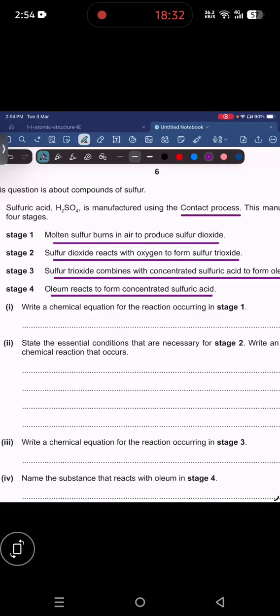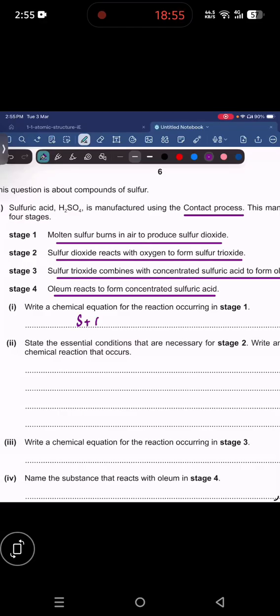In stage number 1, sulfur is in the molten state. So, can any one of you please read out the equation? S plus O2 arrow SO2.